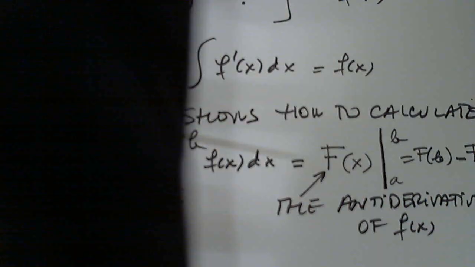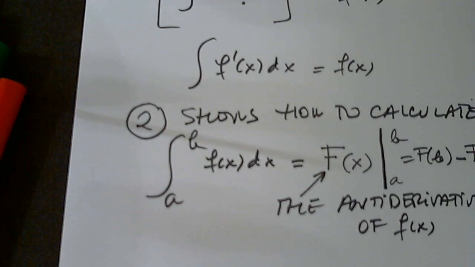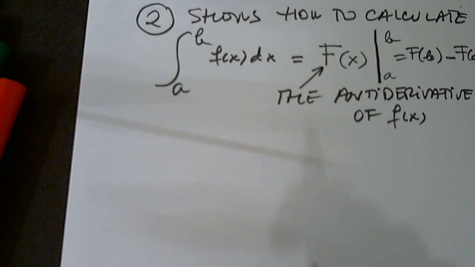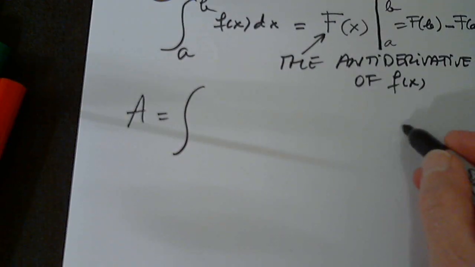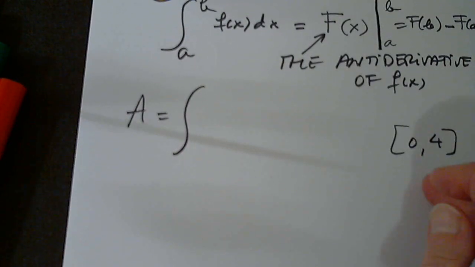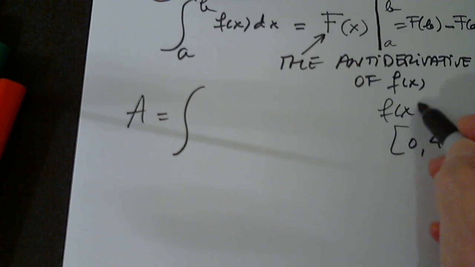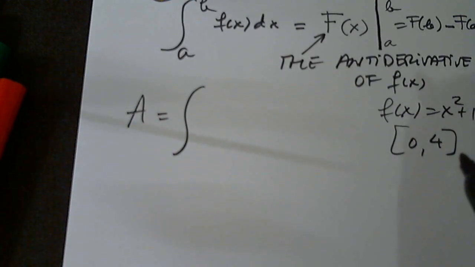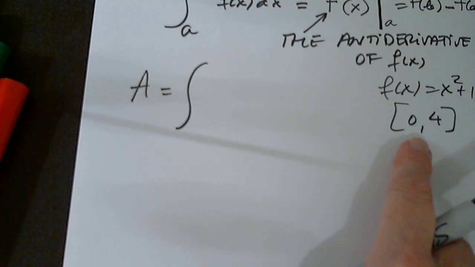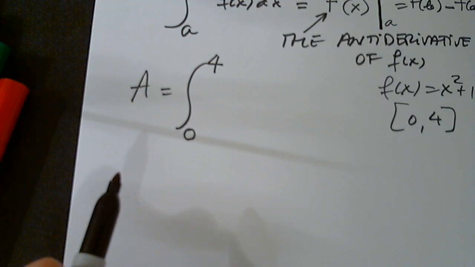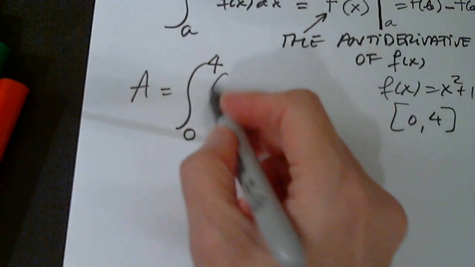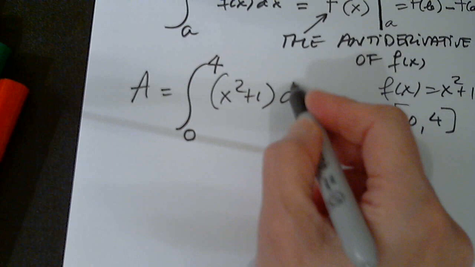So now finally, we can determine the exact area. If you remember, we had the function on 0, 4, and our function was x squared plus 1. So the area under the graph between 0 and 4 is the definite integral from 0 to 4 of f of x dx.